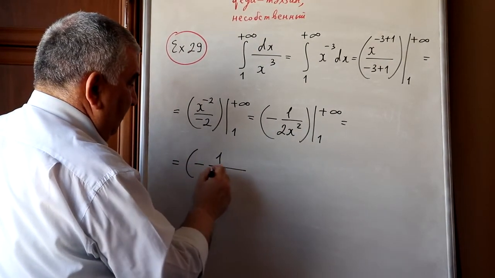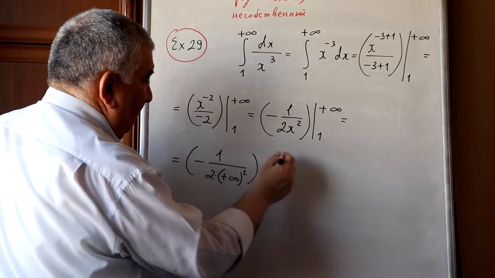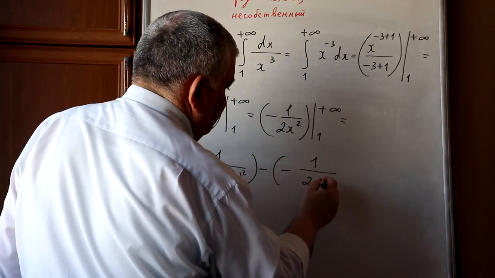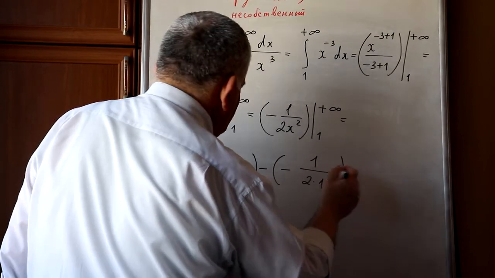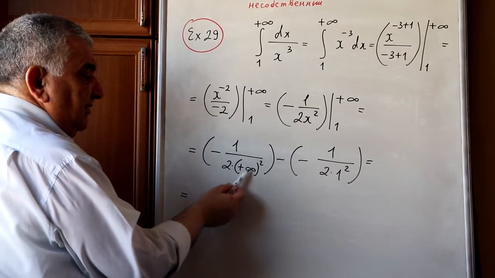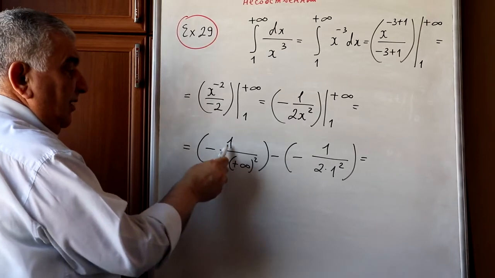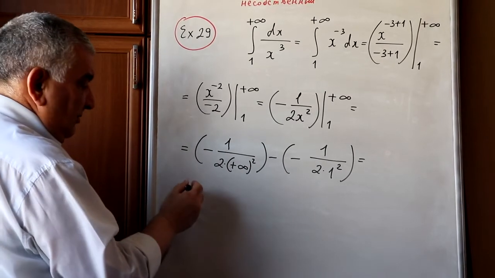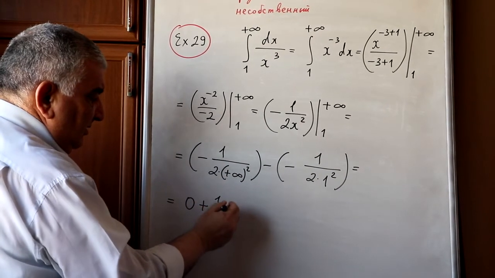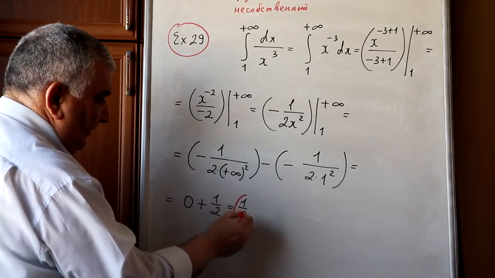Minus 1 over 2 multiplied by plus infinity squared minus 1 over 2 multiplied by 1 squared equals. Plus infinity squared is plus infinity. 2 multiplied by plus infinity is plus infinity. 1 over plus infinity is 0. Then plus, it is 1 second. Our answer is 1 second.